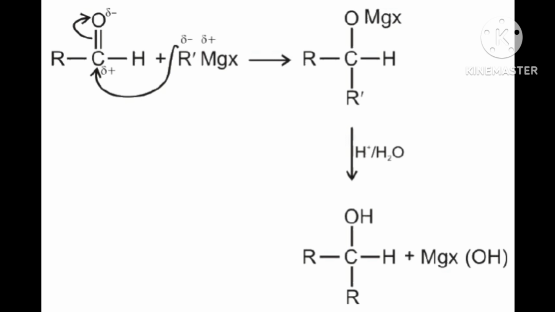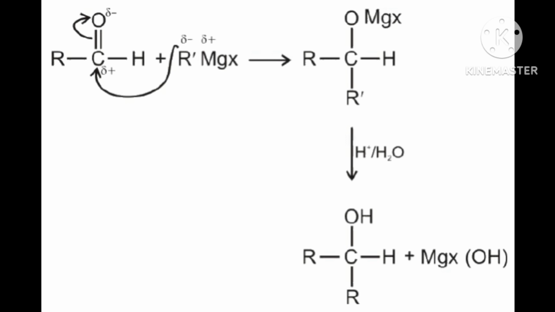This is the tertiary alcohol, because the carbon is attached with three alkyl groups, and the other product will be MgOHX as usual. Now you have seen that the reaction produces primary alcohol with methanal, a secondary alcohol with aldehyde, and a tertiary alcohol with ketone.